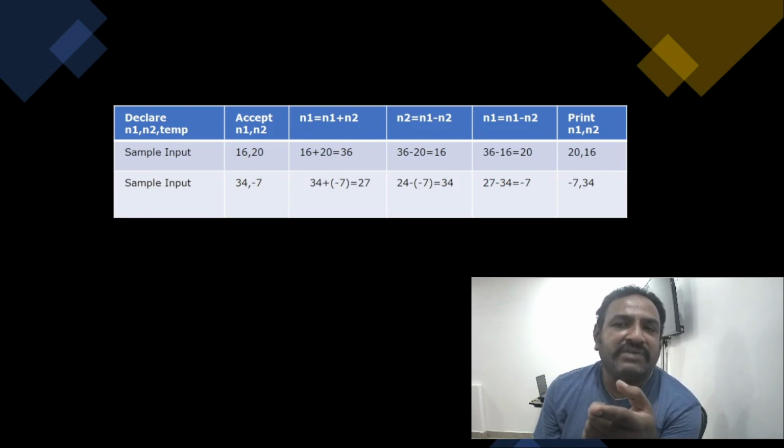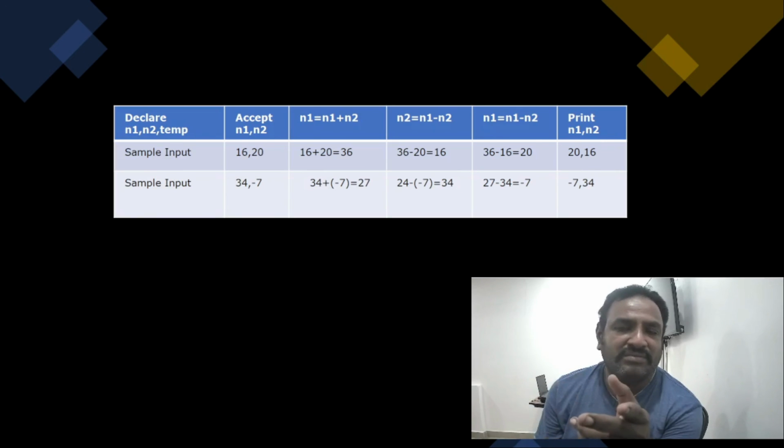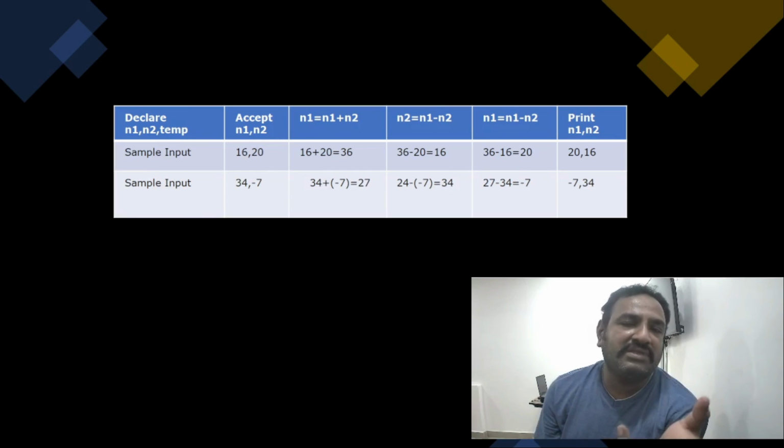And 27 minus minus 7 becomes 34. Right. Now come to the third statement, n1 equal to n1 minus n2. 27 minus 34 becomes minus 7. So it will work for any type of input. In the same way, you can try out instead of plus and minus, with multiplication as well as division.